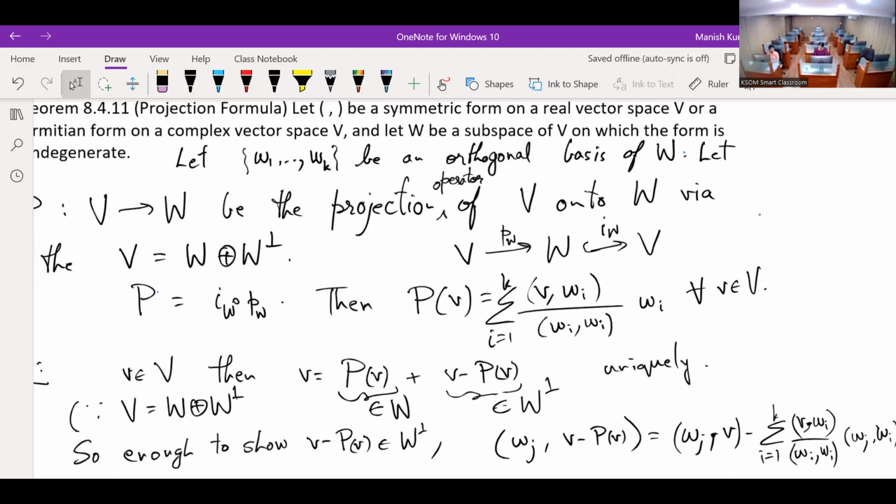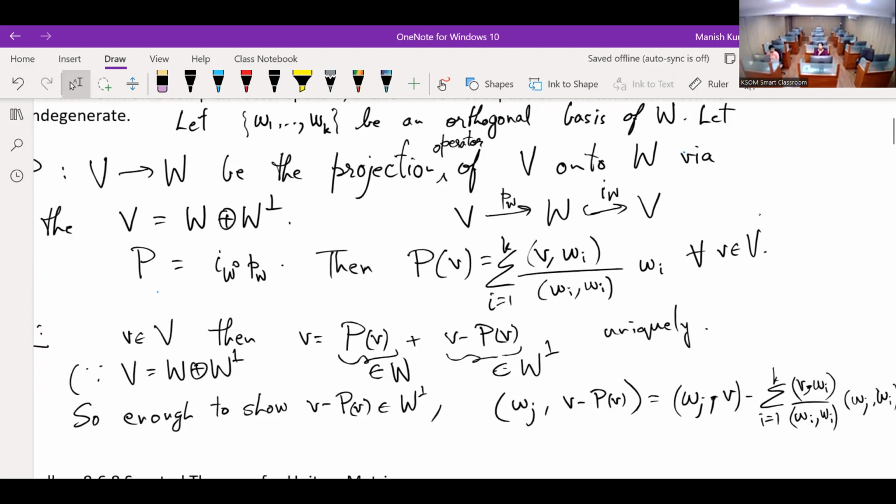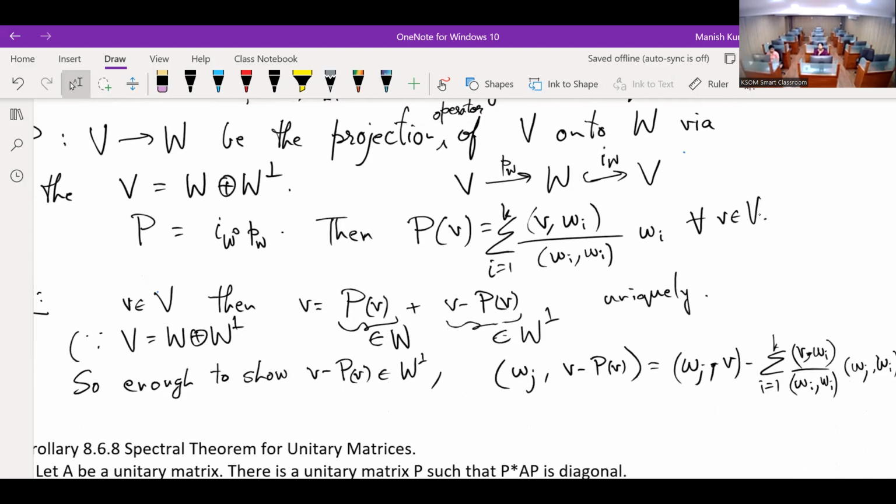So we are trying to, maybe it looks enough to show that, yeah, this looks like a cyclic argument. So what I meant was, PV has a definition. So I just want to say that PV is equal to this.